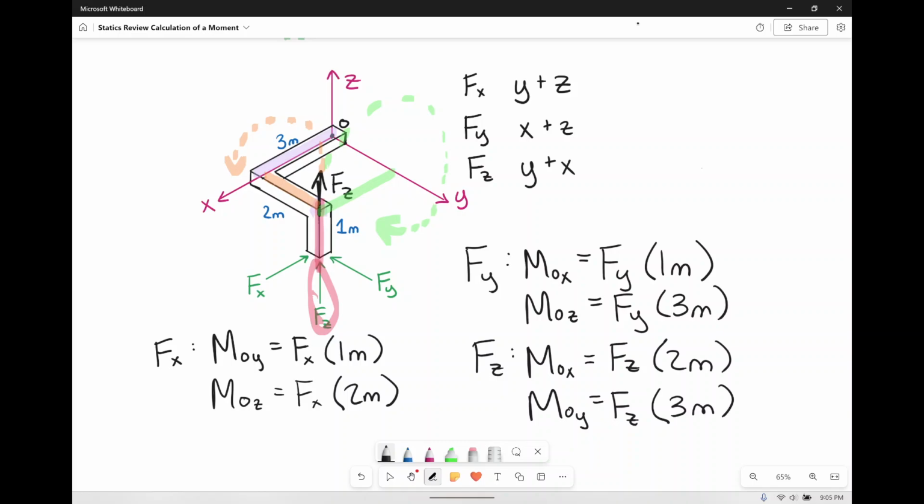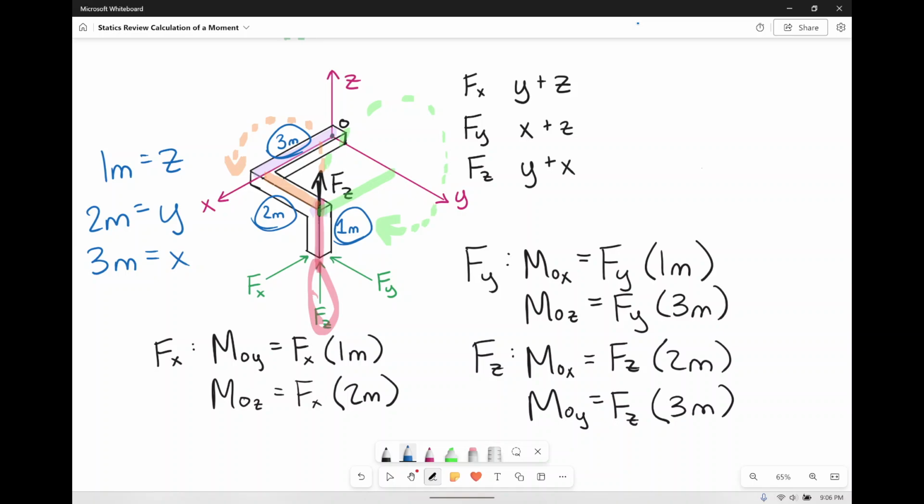So again, you may notice that I did 1, 2, and 3, but what we can also do is come back in here, and our 1 meter that we have, this one right here, is actually a z distance. And our 2 meter is actually a y distance, and our 3 meter is actually an x distance.